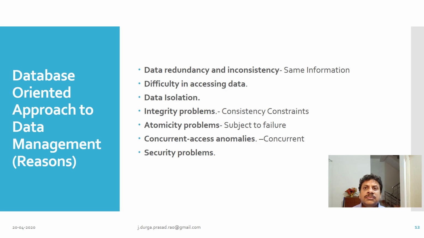Again, the officer has only two options, neither of which is satisfactory. Next, we will discuss data isolation. Because data are scattered in various files and files may be in different formats, writing a new application program to retrieve appropriate data is difficult.